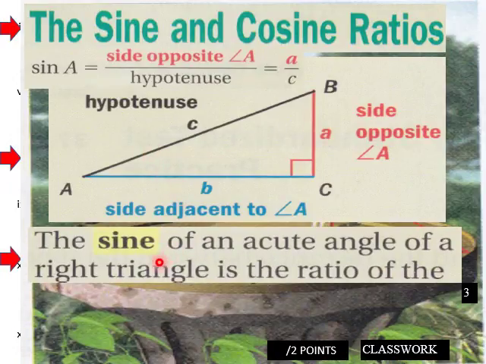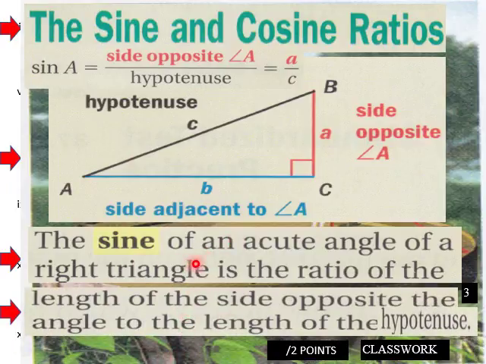Sine A is the side opposite of A over the hypotenuse, which is C, so it'll be A over C. The sine of an acute angle of a right triangle is the ratio of the length of the side opposite the angle to the length of the hypotenuse. So sine A would be side opposite angle A over C.